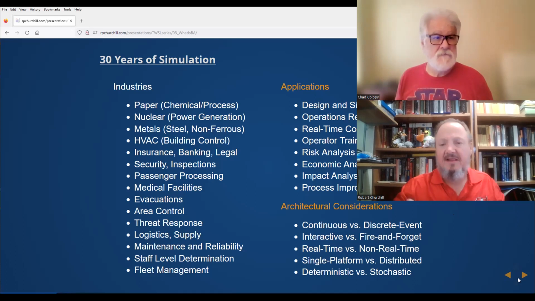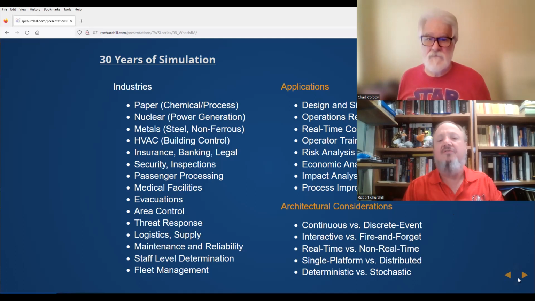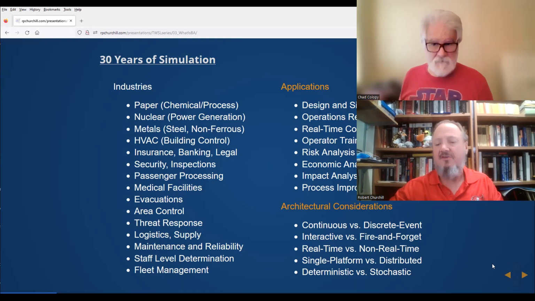And simulations themselves call into use many different architectural considerations that are more general to computing.